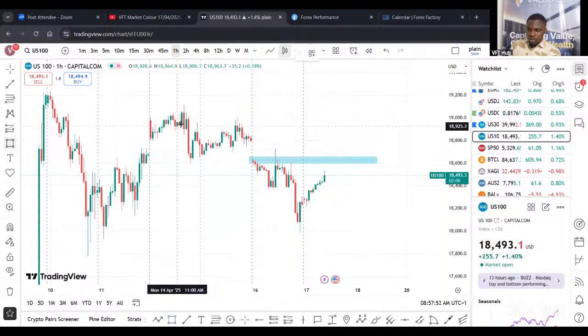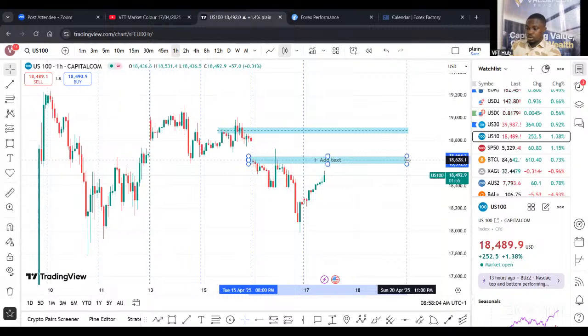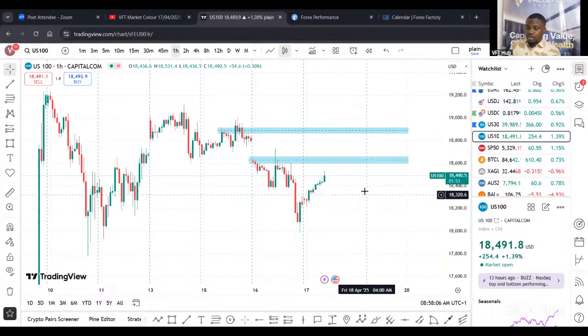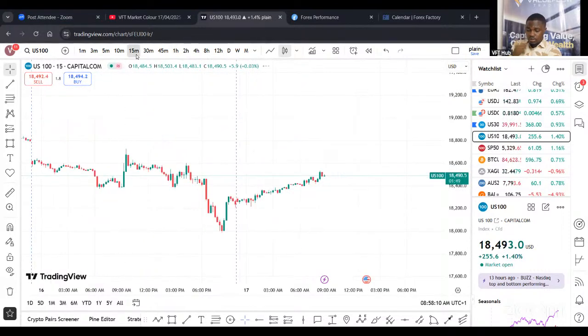I would rather want to go for the second one, which is this, right? It shifts to the upside and then breaks to the downside and then price comes back. So we have 2 points of interest on this zone for the sell-off. We might just be patient to see which one price is going to react to.